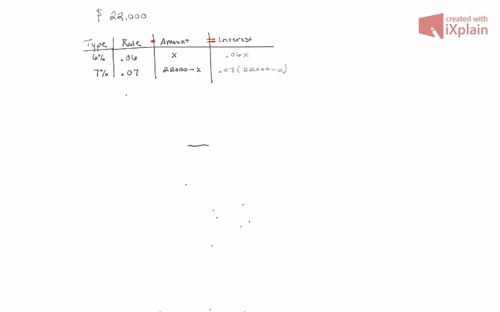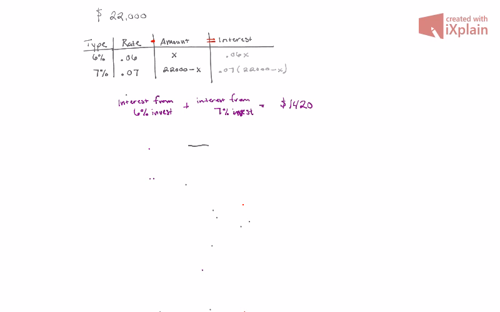So that being said, then we can say interest from 6% investment plus interest from 7% investment is equal to that goal amount of 1,420.